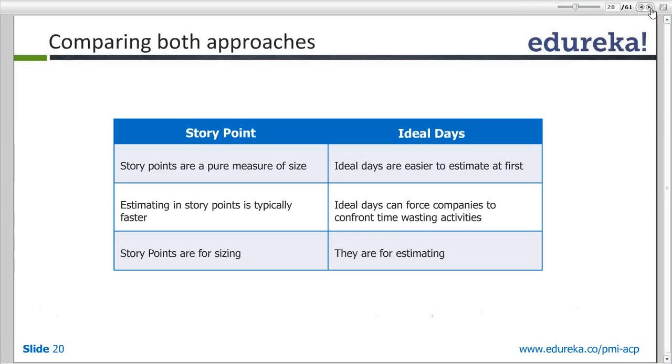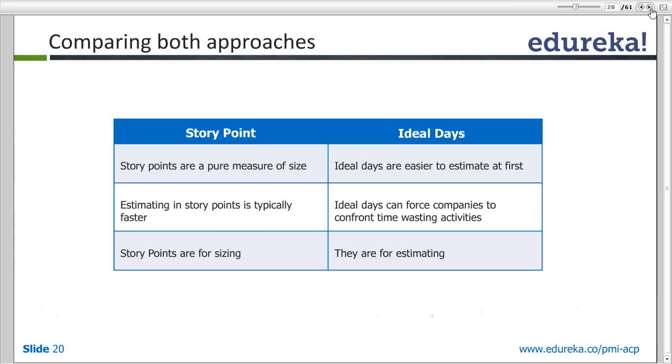Estimating in story points is typically faster. Ideal days can force companies to confront time-wasting activities. So when you are doing it in story points, you would not get to a level where you are discussing, no, I will have scrum of scrums. You will just focus on what all activities are there in your story.